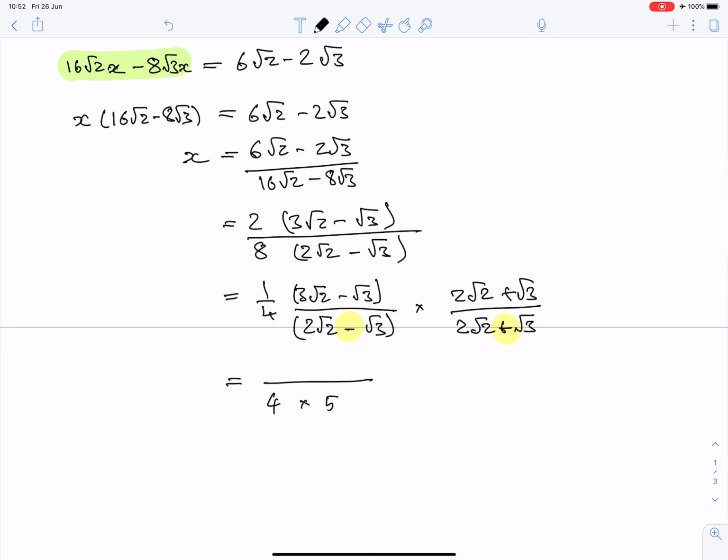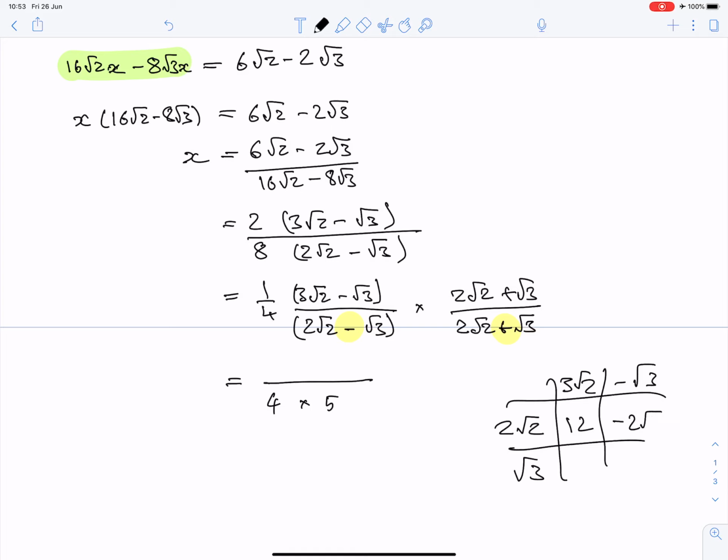Now let's look at the top. If in any doubt, you can use your grid for this. I'll do it in a grid quickly just to make sure I get it accurate so I don't have to do the recording a second time. 3 root 2 minus root 3, times 2 root 2 plus root 3. Now I'm going to look stupid if it doesn't work. Root 2 times root 3 is root 6. So we get 6 times 2 is 12 in there, minus 2 root 3, root 6, and 3 root 6 minus 3.